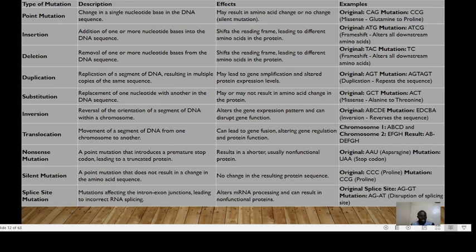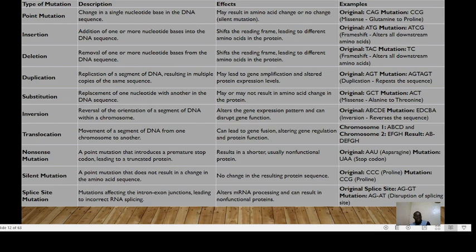We have the nonsense mutation, where a point mutation introduces a premature stop codon, leading to a truncated protein. It results in a shorter and usually non-functional protein. Like the original one was AAU, which is asparagine. Mutation occurs, and then you have UAA, which is a stop codon.